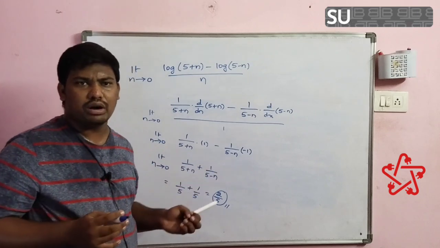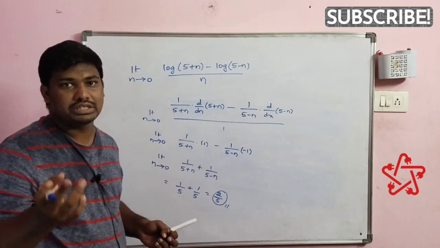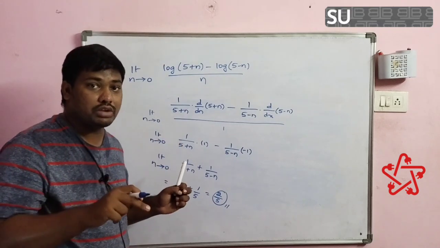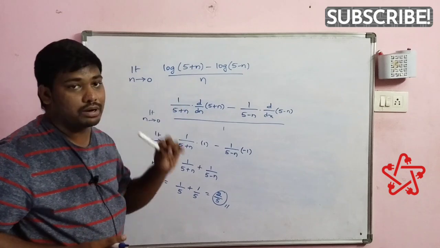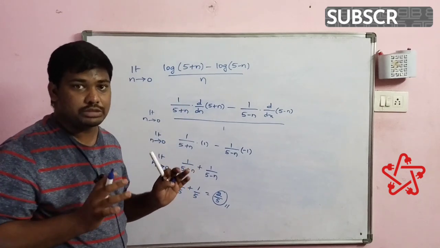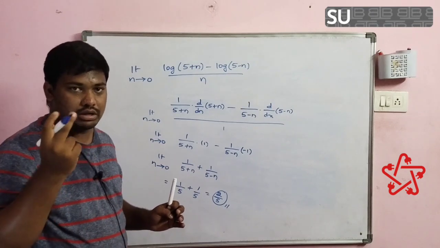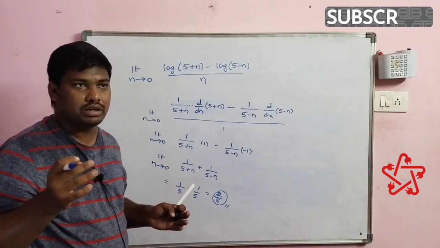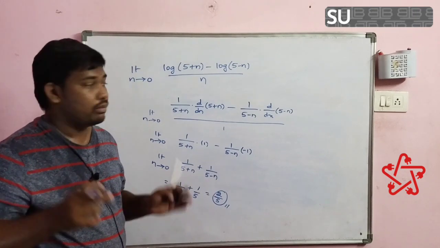In all the three problems, we did nothing special actually. In the second problem, there is a separate method, and in the first problem we solved using roots and all. But in that problem and this problem, we simply did L'Hospital. L'Hospital is mandatory. From limits you will generally get approximately 1 or 2 marks.